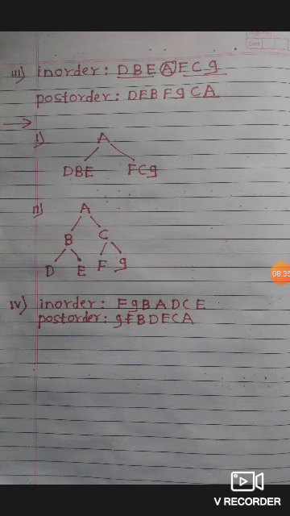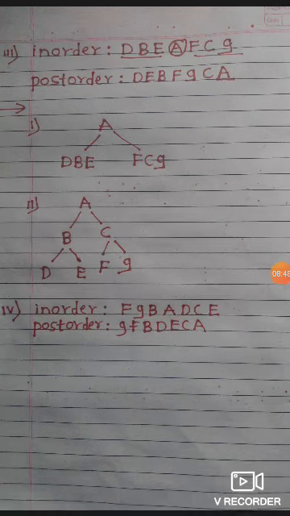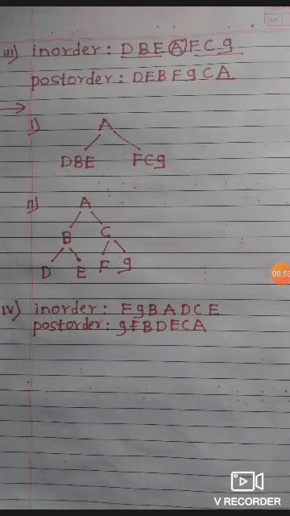As we know, the definition of post order traversal is left, right, root. That is, the root node is visited at the last. Therefore, from the post order sequence, we can easily say that A is the root node. So we make A the root.